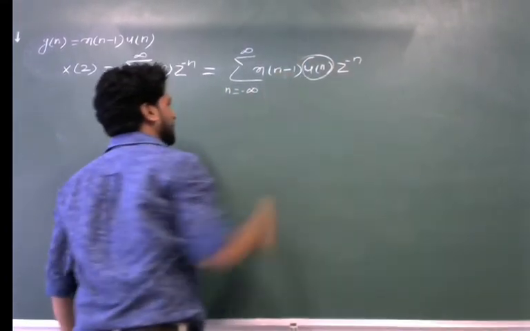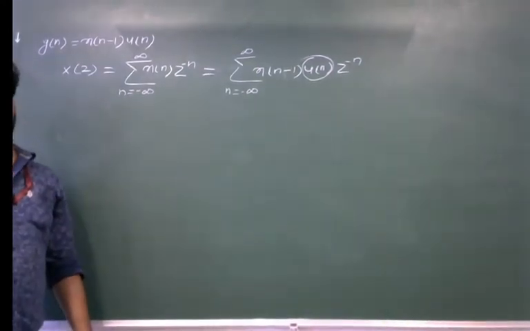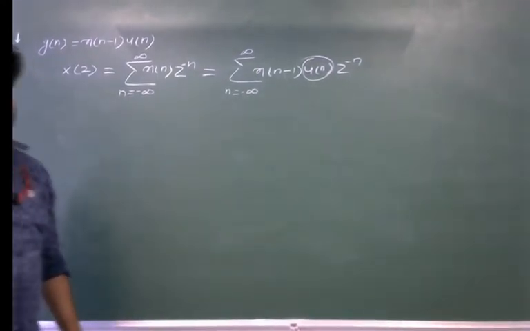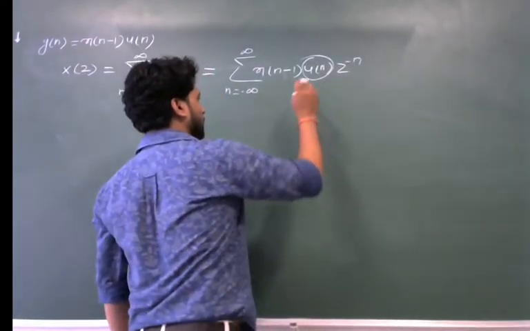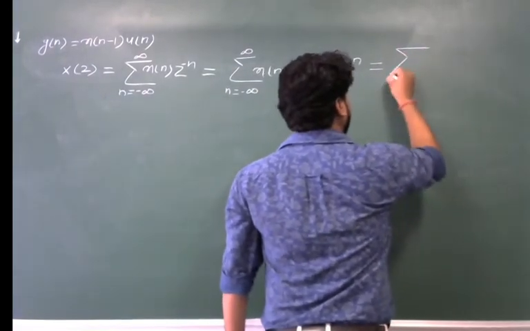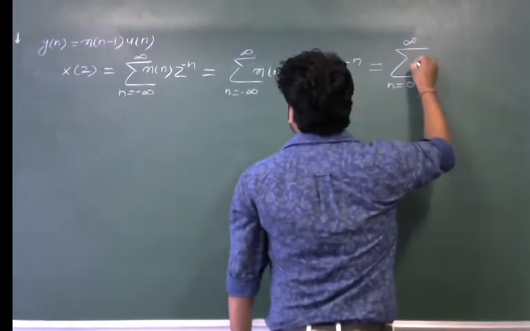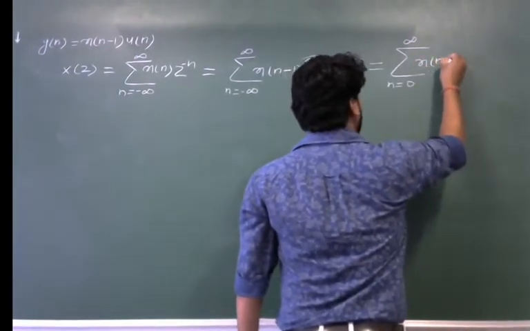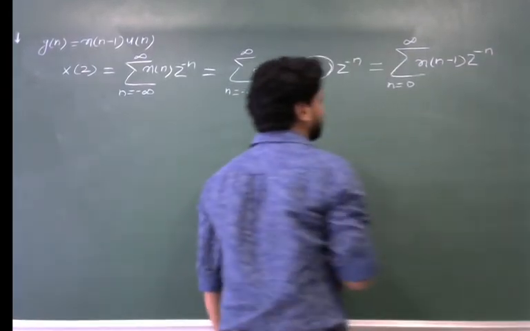Because of the power n, this u of n will exist only for the positive values of n. For the negative values of n, u will be equal to 0. So I will put the limit here from 0 to infinite, sigma from 0 to infinite x of n minus 1 into z power minus n.